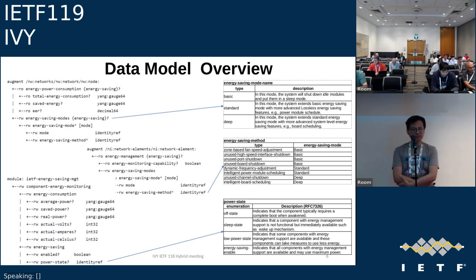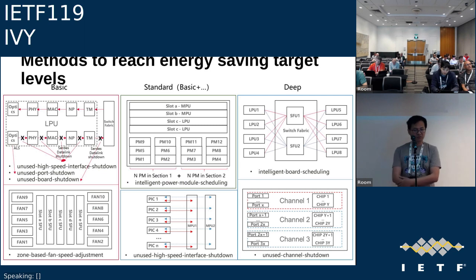We also try to establish a relationship between the energy saving mode and energy saving method. For power state, we model it at the component level, and power state can be broken down into four states: off state, sleep state, low power state, and power saving enable state.